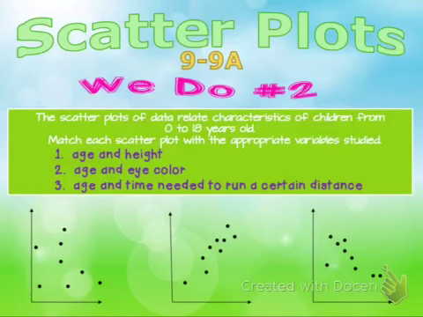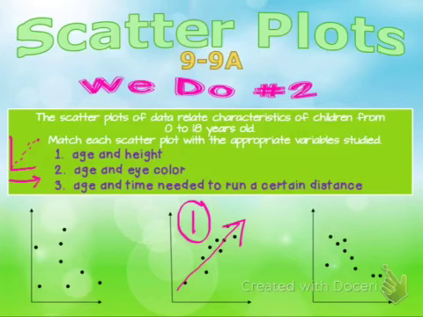For age, as age goes this way, so we're young. When we're young, our height is not very high, so we're down here. We get a little older, we grow a little bit, and then as we get older, it kind of goes up, up, up. So the graph that's going to match is going to go with a positive correlation, so it's this one right here. So we'll put that with number 1.